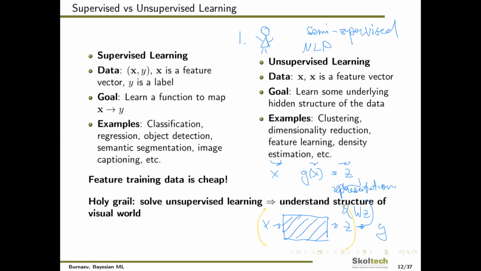In the end, these embeddings, these methods to solve unsupervised learning problems, are a way to understand the structure of the visual or NLP world, or the world in general. It's a way to perceive what we need to think about the semantic concepts here.